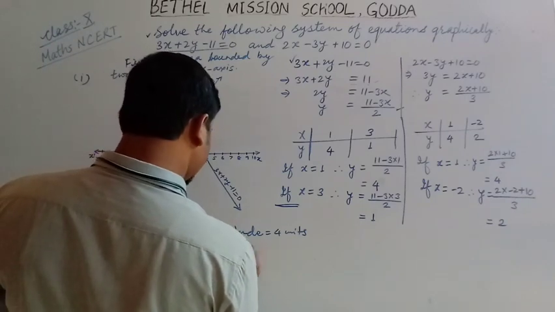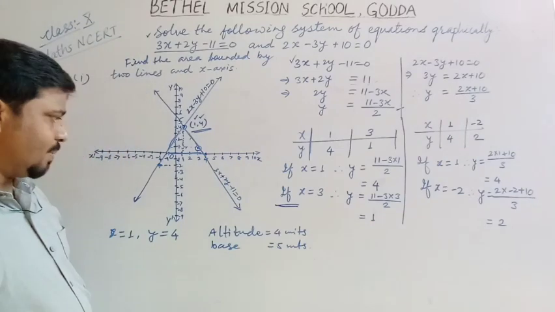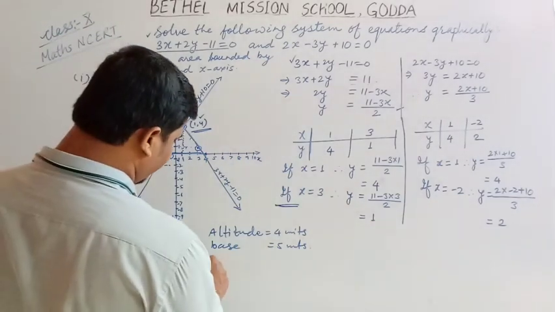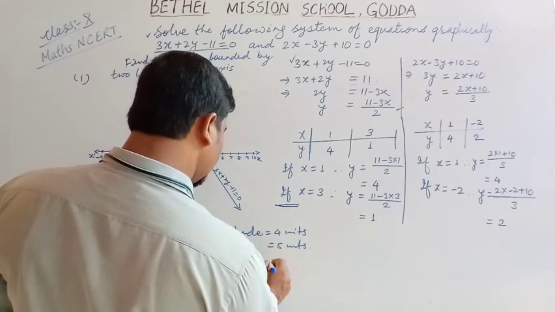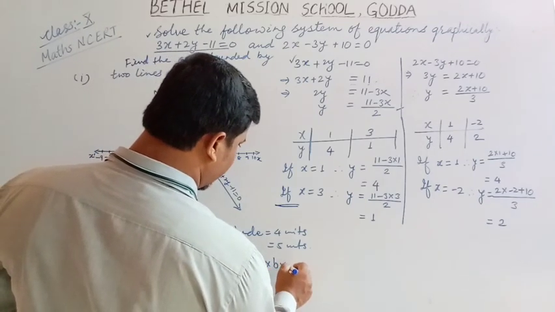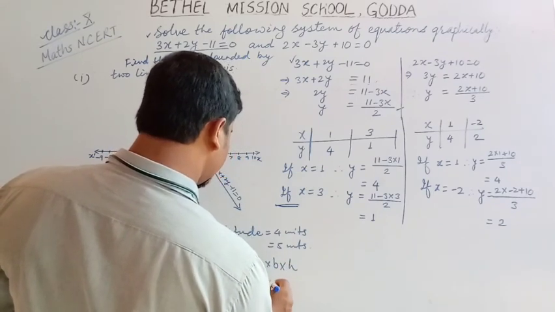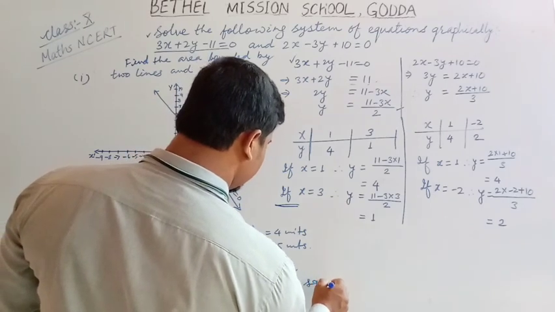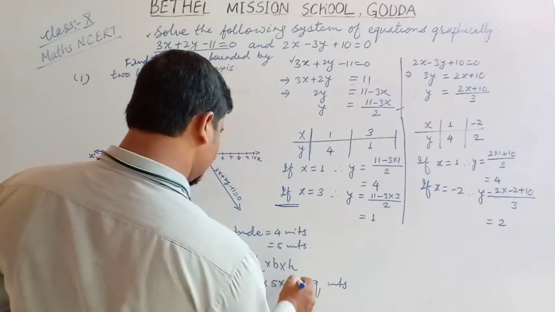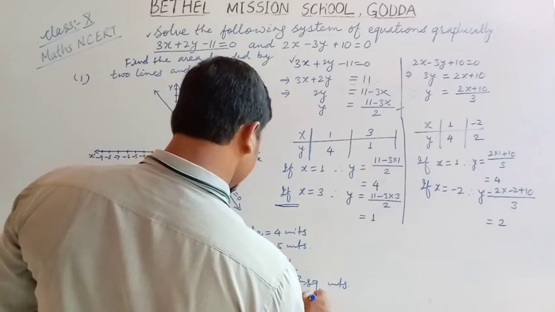The base is 5 units. Then area equal to half into base into altitude. So base is 5, altitude is 4. This will be in square units. Half of 4 is 2, 5 twos are 10 square units.